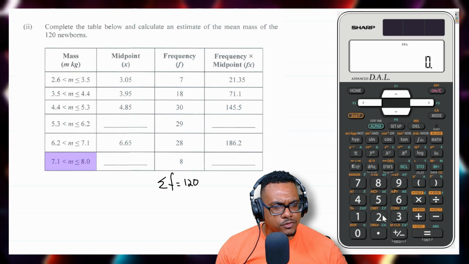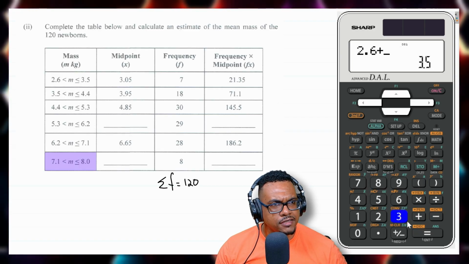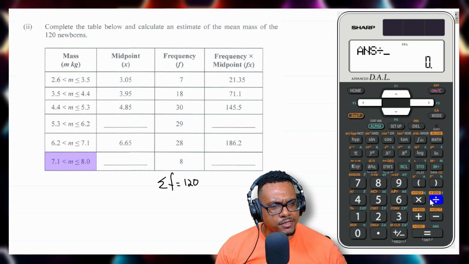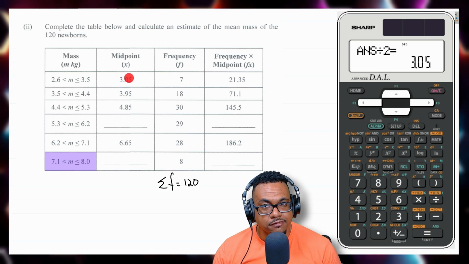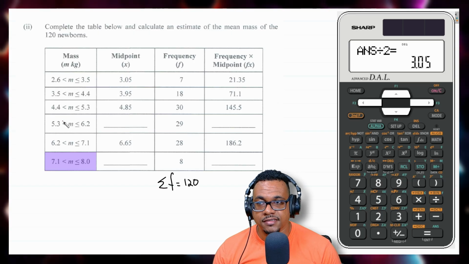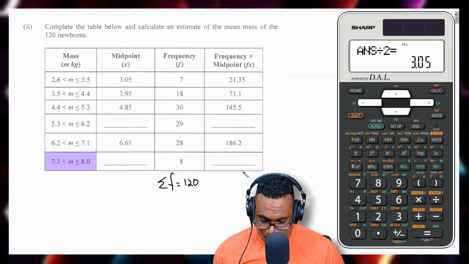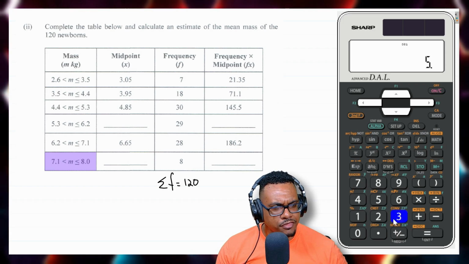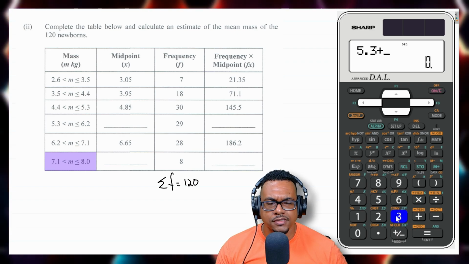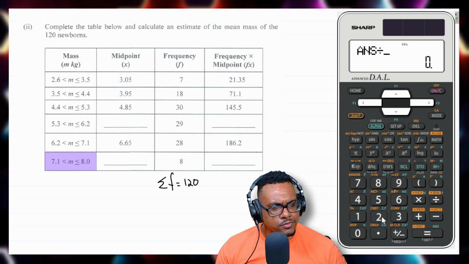So we have 2.6 plus 3.5, press equal, and then divide by 2. And you can see that we got 3.05. So we just continue with that, add the 5.3 to the 6.2, and divide by 2. So we'll have 5.3 plus 6.2, press equal, and then divide by 2.